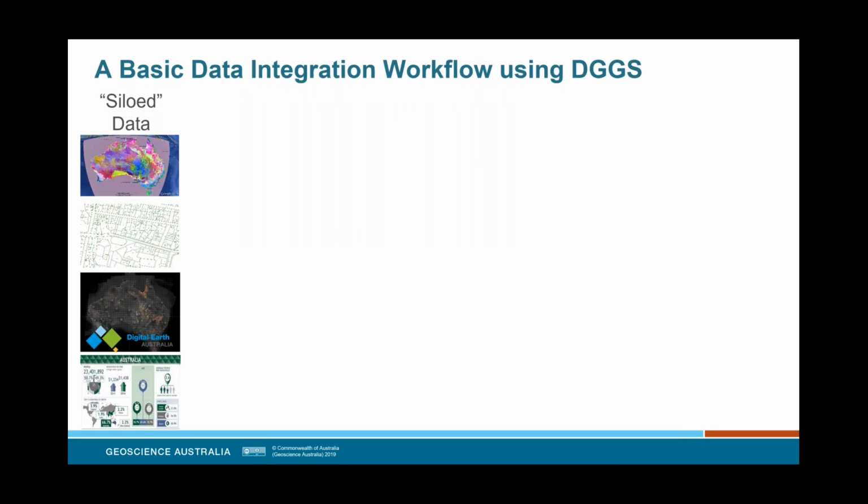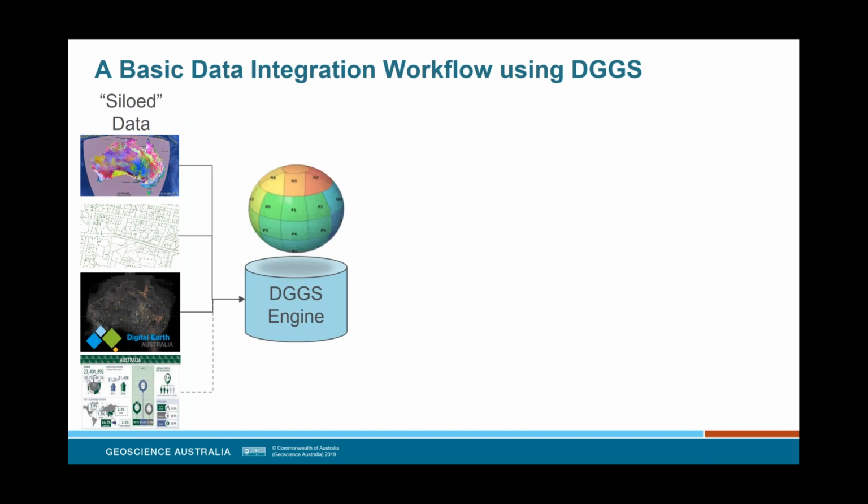Now, when we start to do this, we realize that we're able to integrate data, and it doesn't matter whether that data is a piece of geophysics, some cadastre information, some data that's come out of a data cube, or some socio-economic or statistical information.